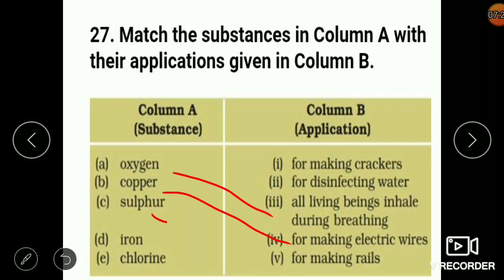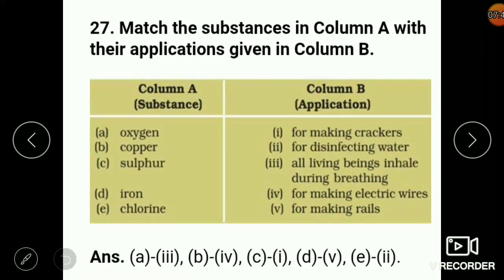Okay, sulfur also can be used for making crackers. And iron is used for making rails. In the last slide you have seen the picture of a rail engine made of iron. And chlorine is used for disinfecting water. So this is your match. The answers are given, you can check the answers.